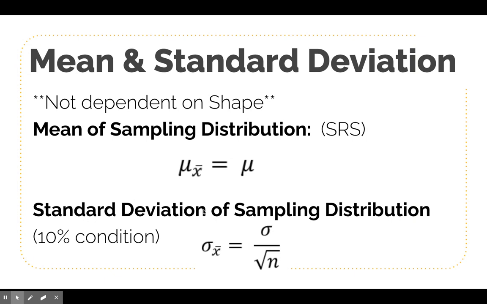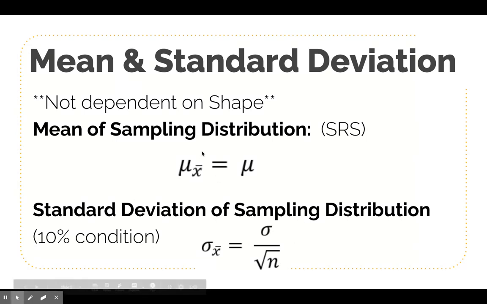And then for the standard deviation of a sampling distribution, as long as certain conditions are met, which we're going to talk about, the standard deviation of a sampling distribution will be equal to the population standard deviation divided by the square root of n, your sample size. So this is, like I said, going to be looking at the same stuff as proportions.